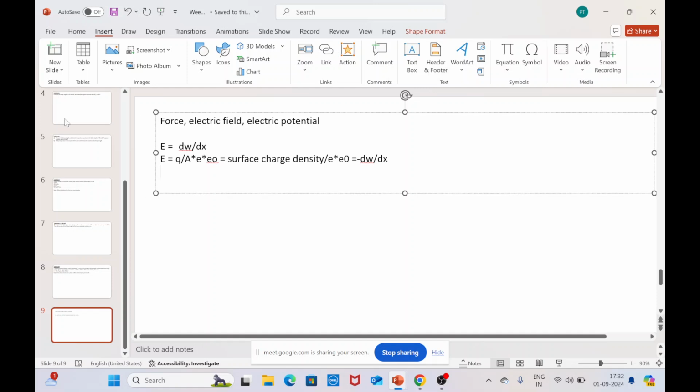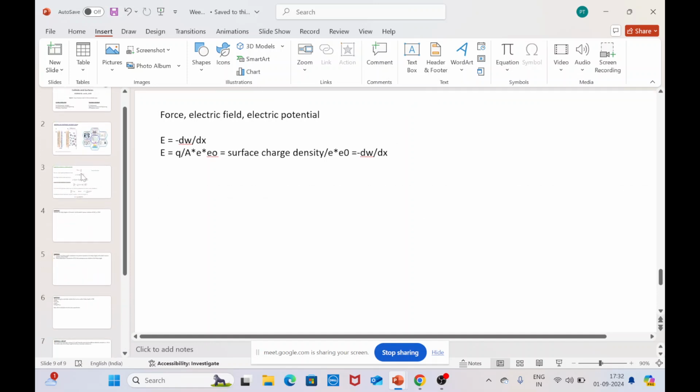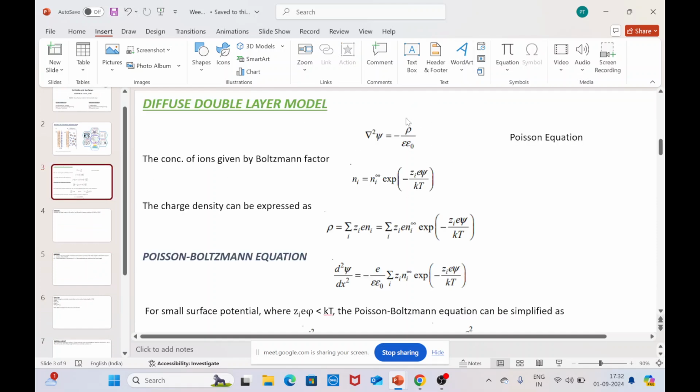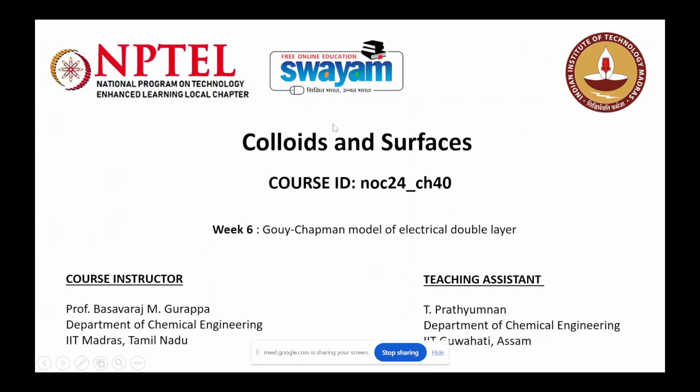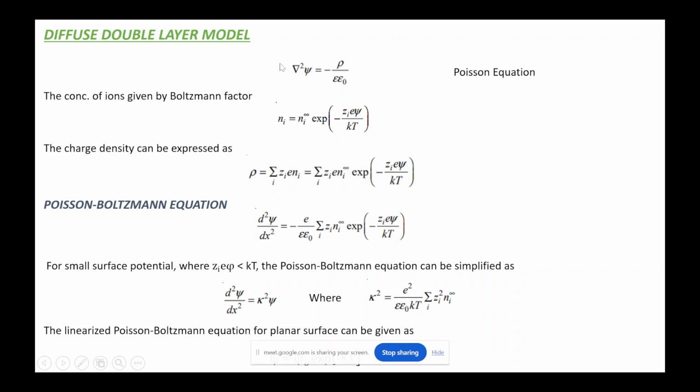From here, if you take one more derivative, you will get the Poisson's equation, which is represented as delta square psi equals minus rho by epsilon times epsilon naught. Your rho is the charge density, in coulomb per meter cube. Because we have taken another derivative, it becomes charge density as rho, and this is your Poisson's equation.